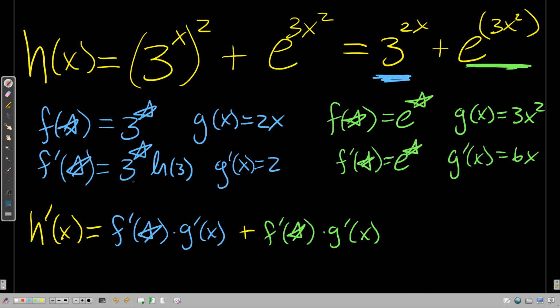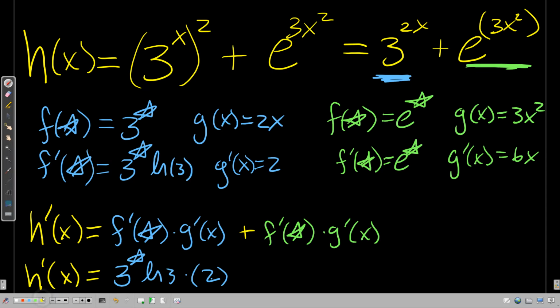As you can see, you are literally just taking this times this. You're multiplying them together. So h prime of x has got to be 3 to the star natural log of 3 times 2. It's always a safe bet to put some parentheses around your g prime, even if it's just this number.